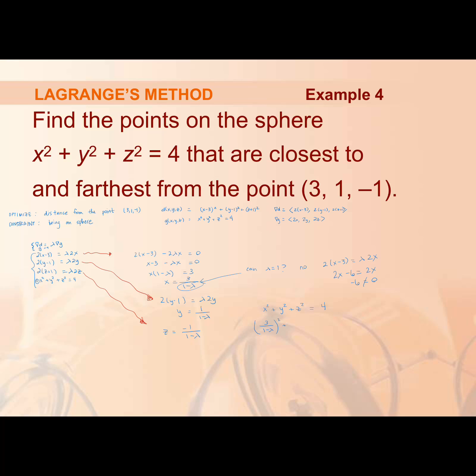So that's squared plus y, 1 over 1 minus lambda, and then plus z, which is negative 1 over 1 minus lambda, quantity squared, equals 4. So we'll get 9 plus 1 over 1 minus lambda squared equals 4. So 1 minus lambda squared is equal to 11 over 4.